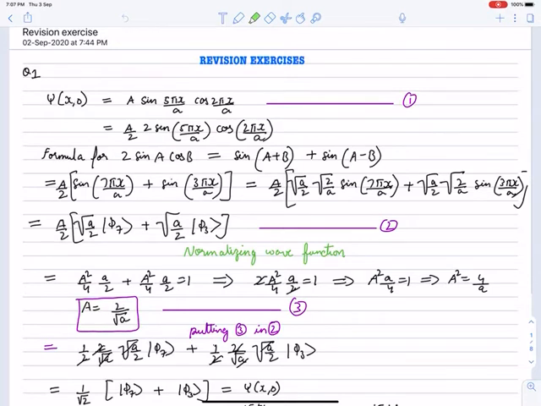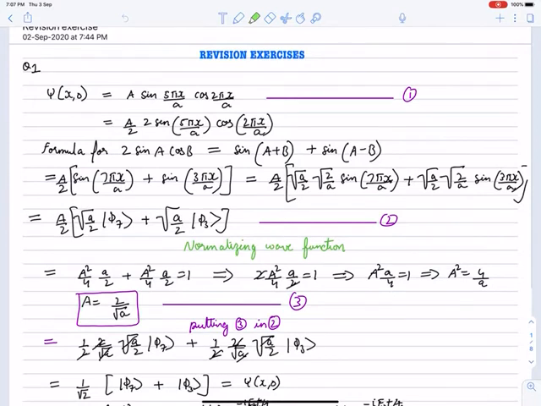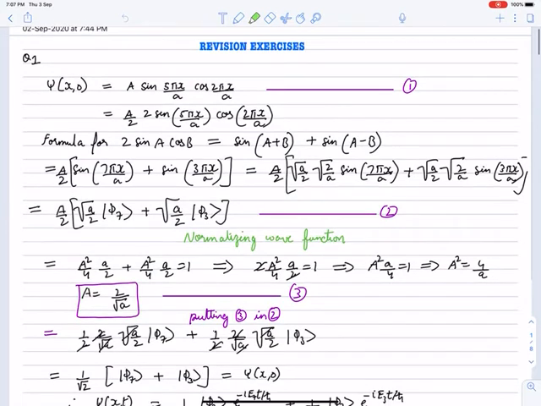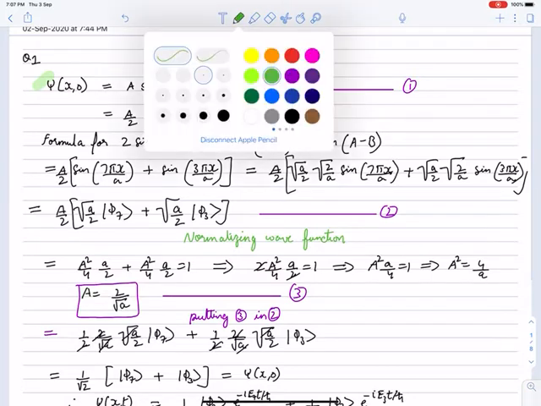So my first question, I haven't written the question, but I can tell you what the question is about. Assume that this part is given in the question.